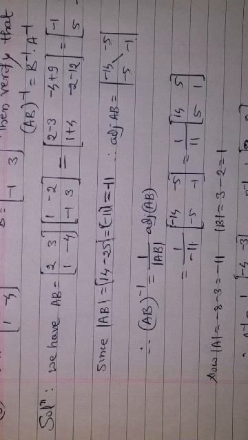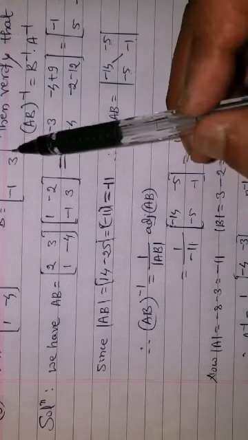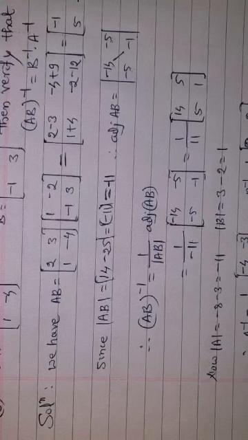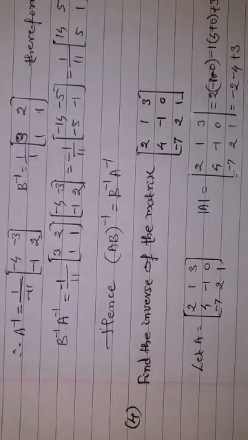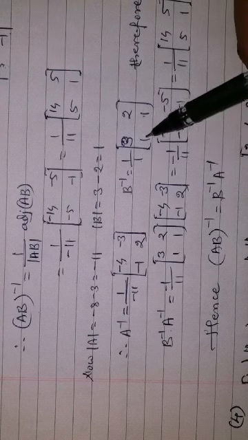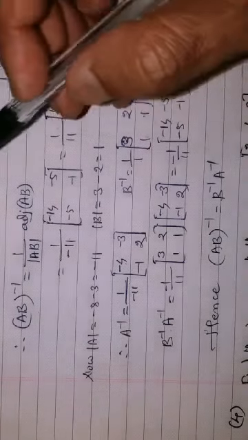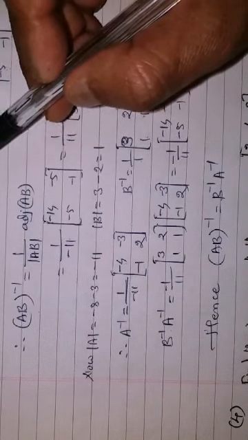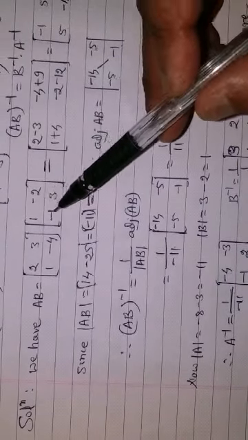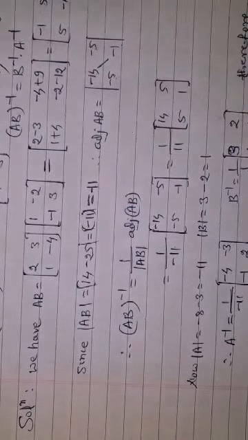Similarly, B inverse equals 1 upon determinant B into the adjoint: interchange the principal diagonal elements 3 and 1, and change the sign of the secondary diagonal elements.